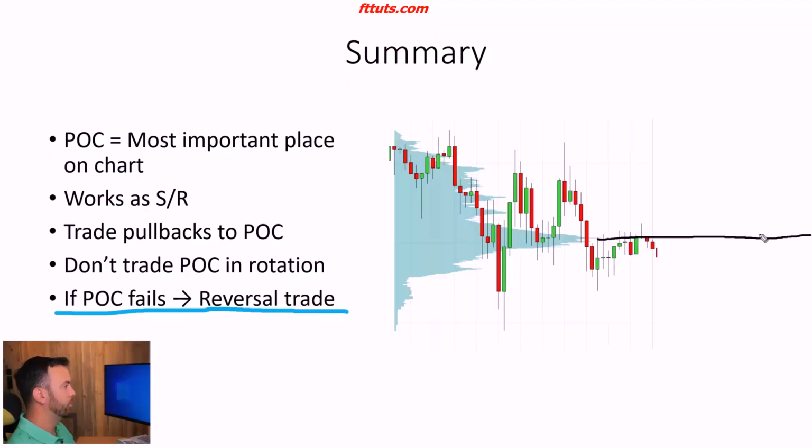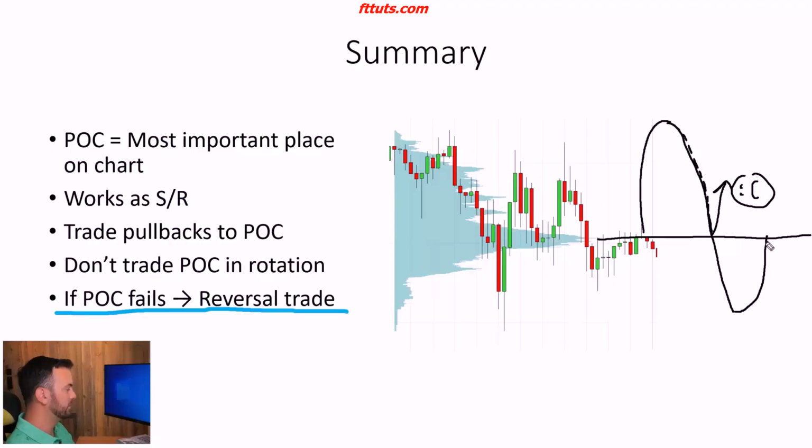So if this is the point of control, price goes up, makes a pullback, you go long, but the price continues to go down, then you wait for a pullback and go short from there. This is the reversal.